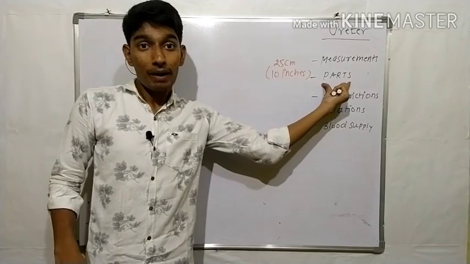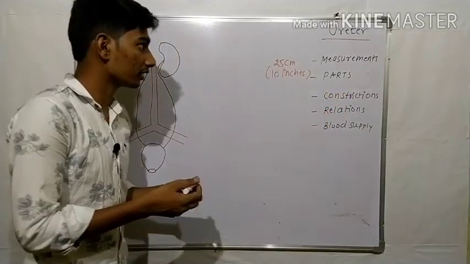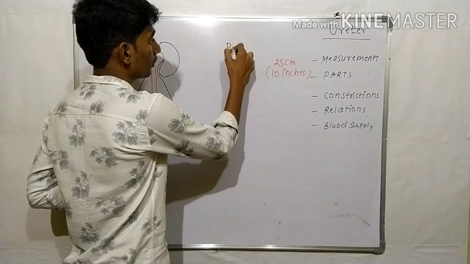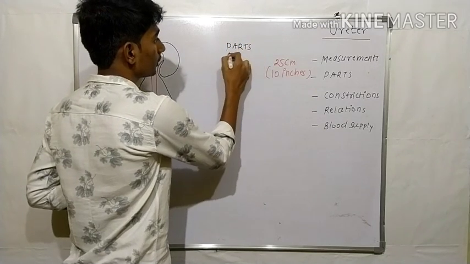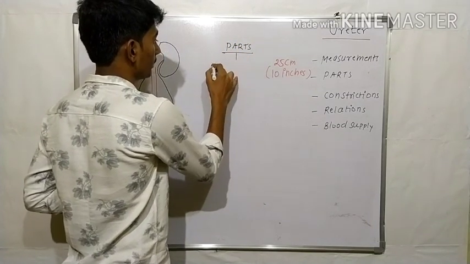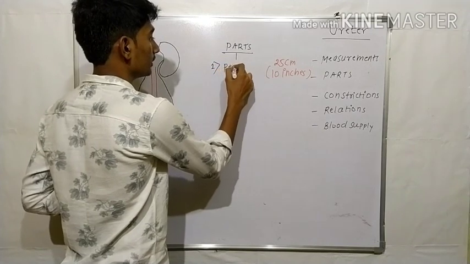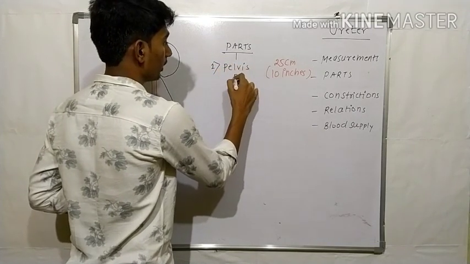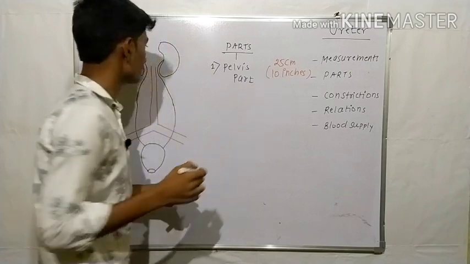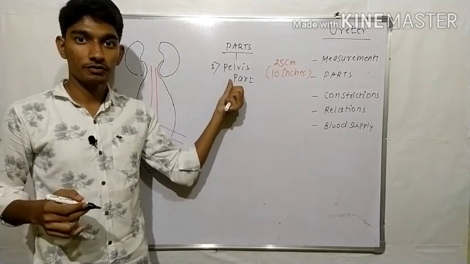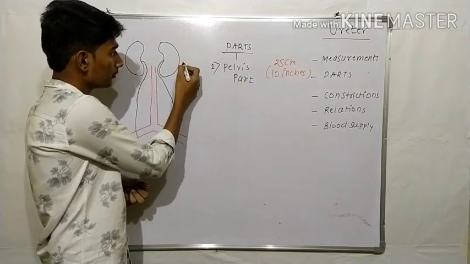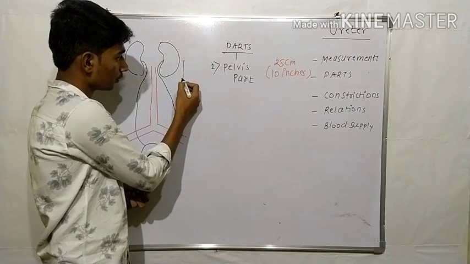Now, coming to the parts of ureter, this ureter is divided into three parts. The first part is known as pelvis part, that is part related to pelvis. It extends from hilum to the lower pole of the kidney.